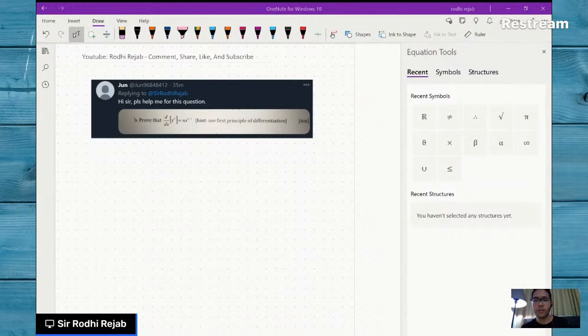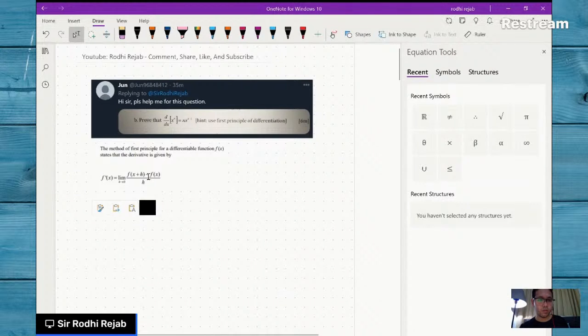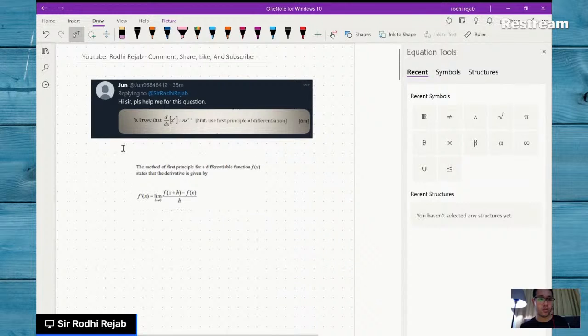But I'm going to send a little note that we're going to use this formula.